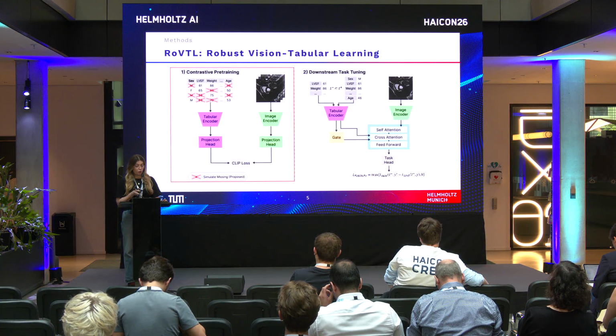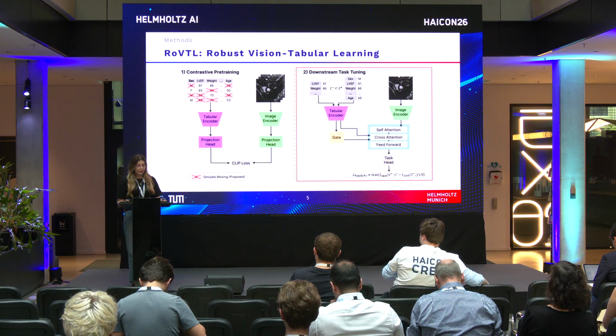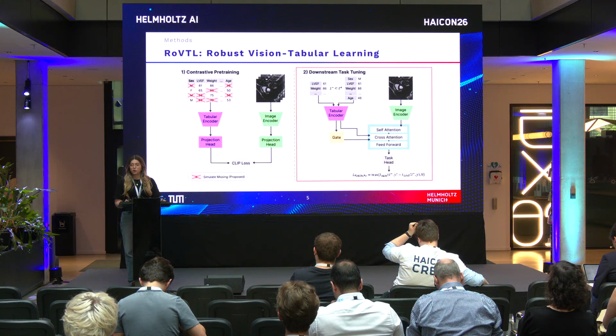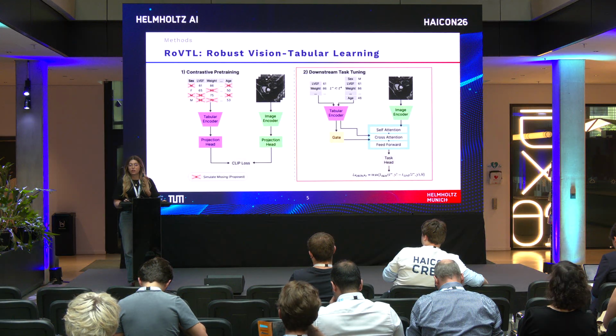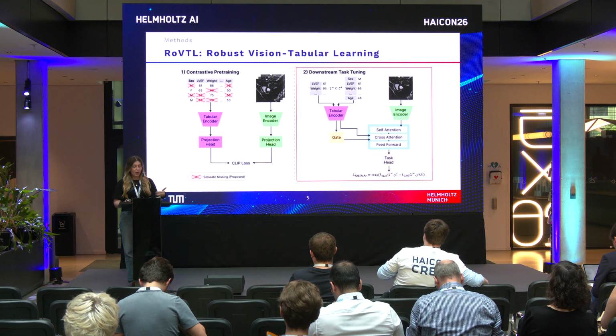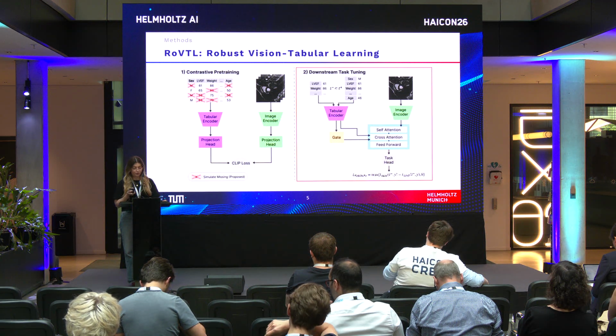Then we use the tabular missingness again at downstream task tuning, but here we complement it with a tabular ranking loss that we call TabMoFe, which I will discuss in more detail soon. We also use a gated cross-attention module for the multi-modal fusion, where the gate allows us to suppress those noisy information and allow better performance monotonicity.